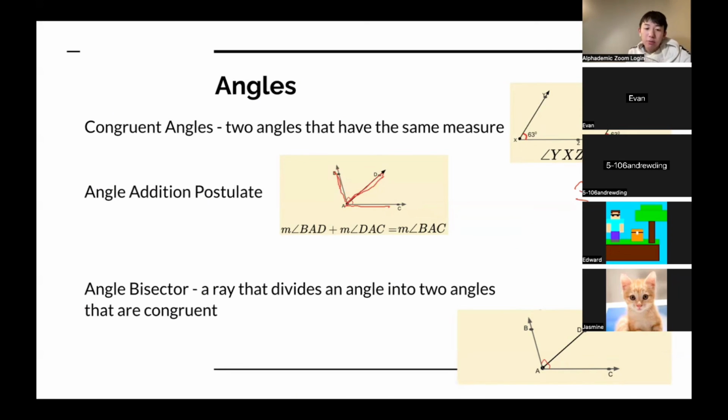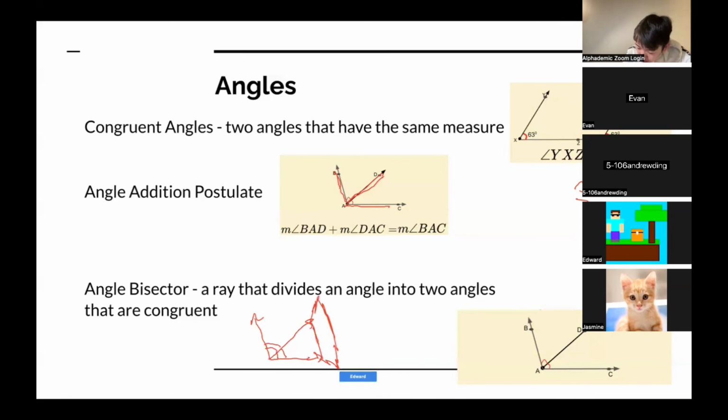And then an angle bisector is a ray that divides an angle into two angles that are congruent. And usually you will see it marked something like this, with two lines. When you see two lines, it usually means that they are congruent. And then, for example, say you have a random shape like this.